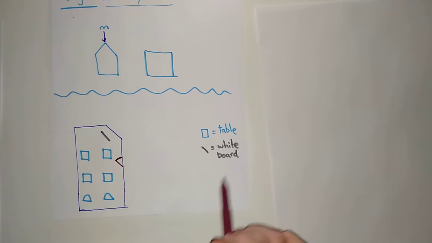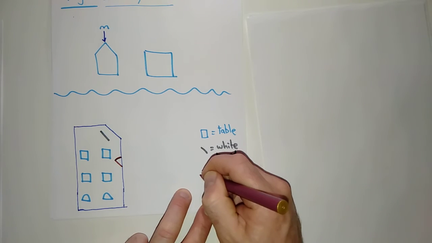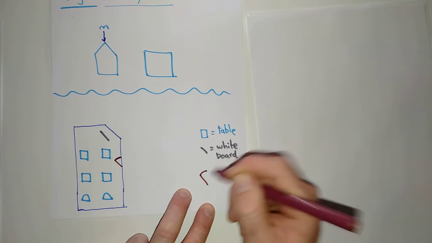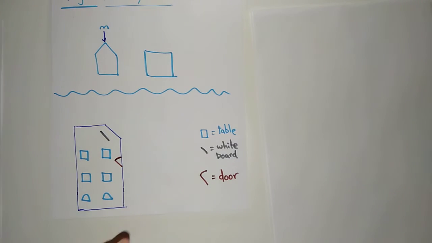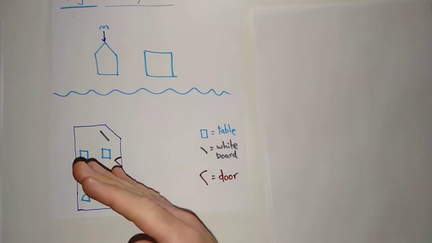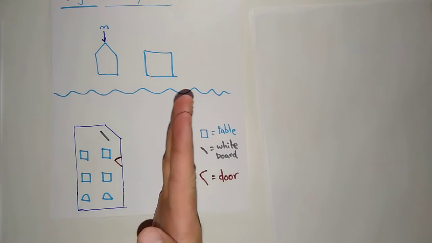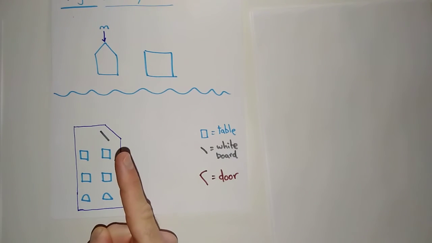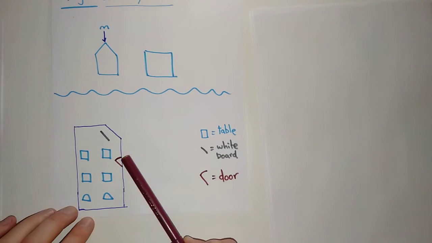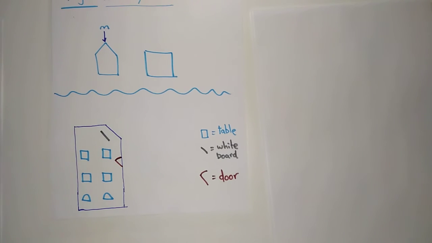So I wouldn't even need to write it over here, but because we're just learning this, I am going to label that a door. You could imagine that that door could swing around that curve and be completely closed, or could swing open this sort of way.